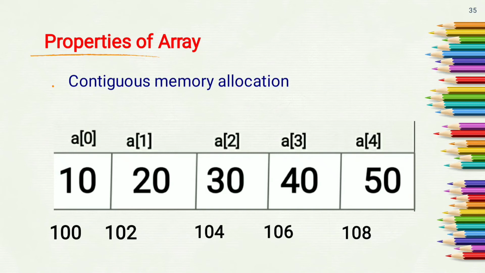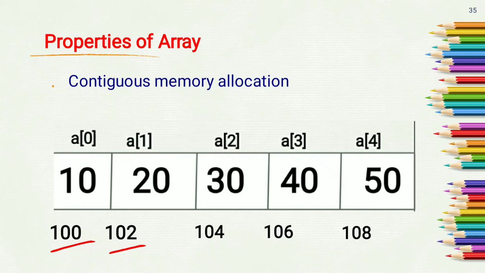That means if we are creating an array of 5 variables, in this case contiguous memory will be allocated to all the variables. For example, if the starting address of the first variable is 100, then the starting address of the second variable will be 102. Why 102? As we know, integer variables require 2 bytes of memory to store an integer number.